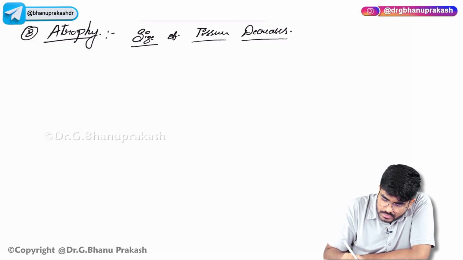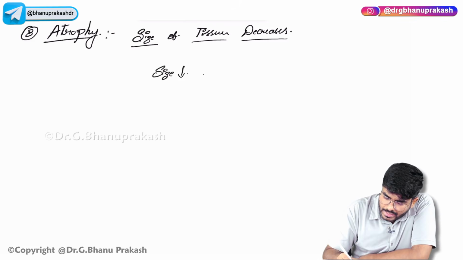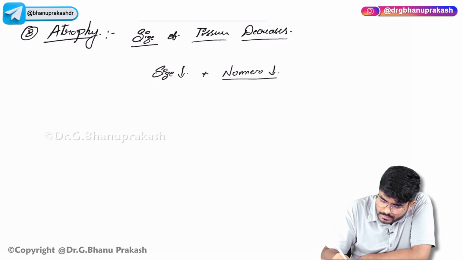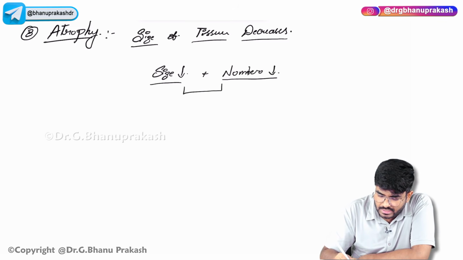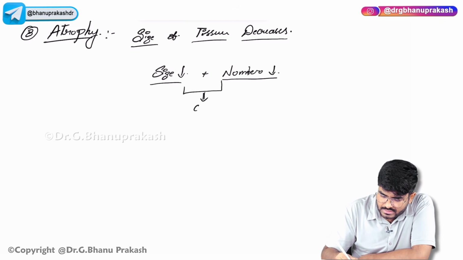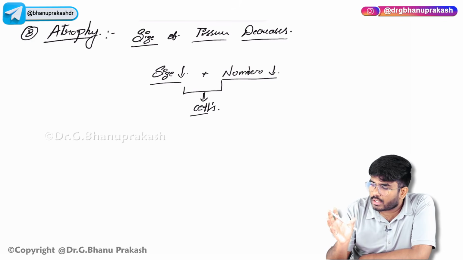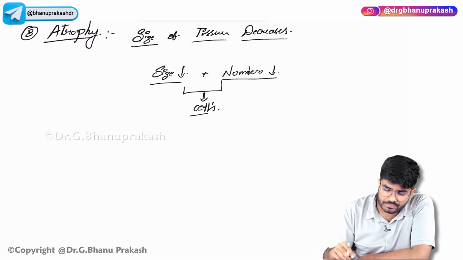In atrophy, the size of the cells is decreasing as well as the number. Both are decreasing, so that the organ size, the tissue size, is getting reduced.